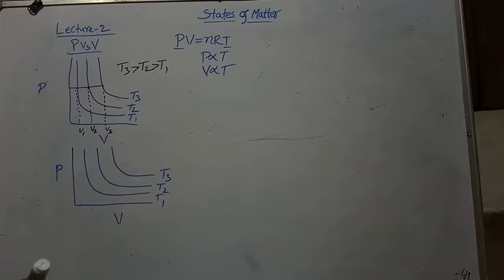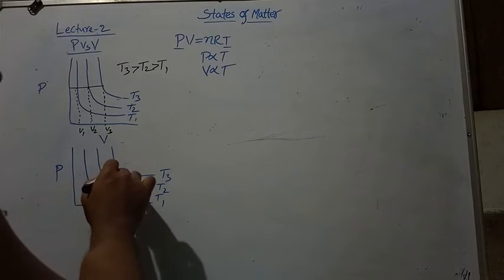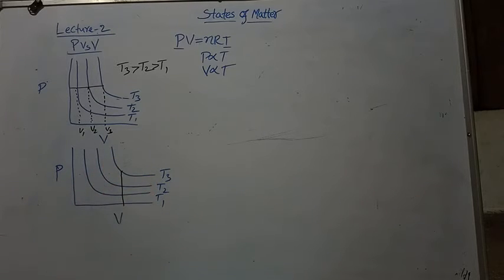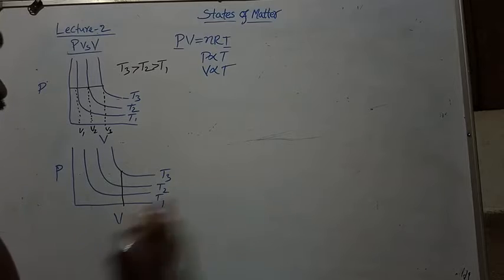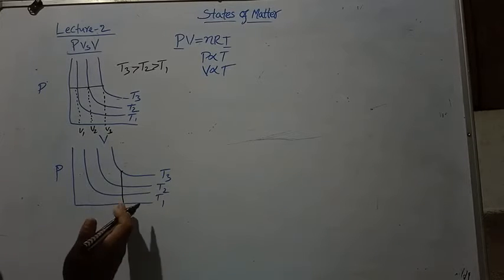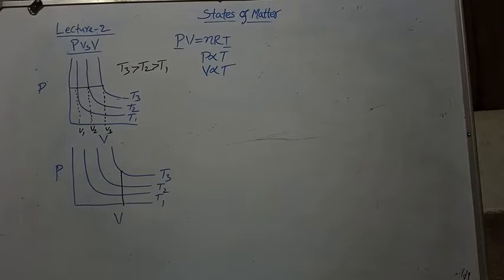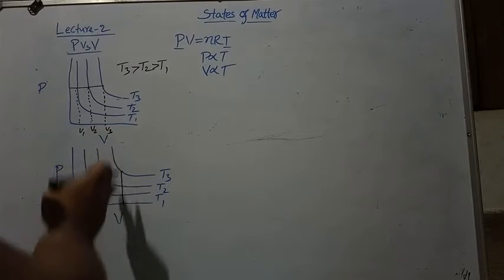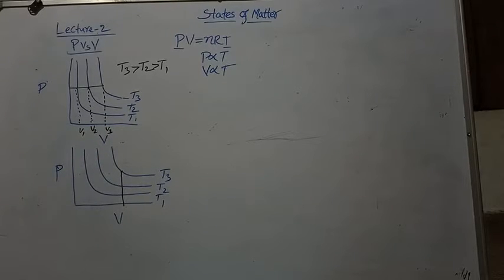In the previous case I fixed the pressure. Now I am fixing the volume, taking volume as constant. If you go like this, volume increases; like this, volume decreases. But in this case volume does not change, while pressure values will be changing.